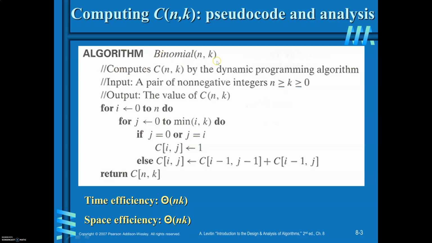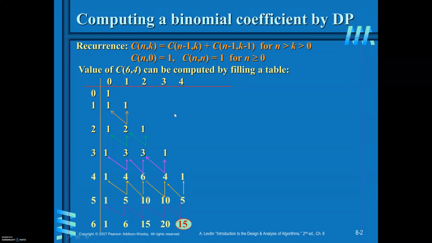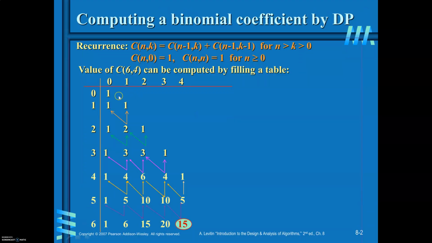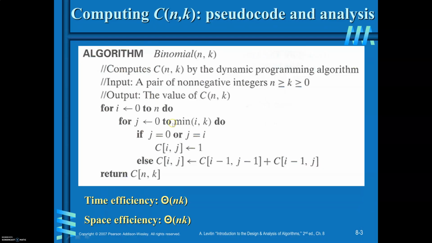So binomial(n,k): n and k, you have to take the value greater than or equal to 0, and obviously n should be greater than or equal to k. Vary i from 0 to n, and j from 0 to minimum of i comma k. Then if j equal to 0 or j equal to i, then C(i,j) must be set to the value 1.